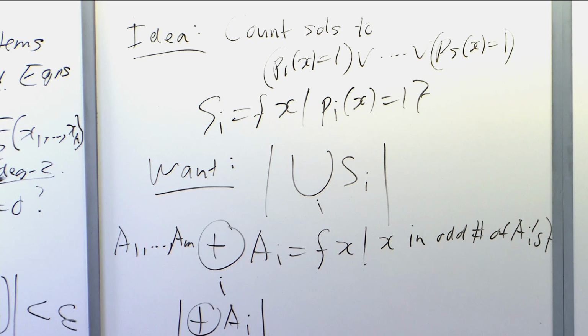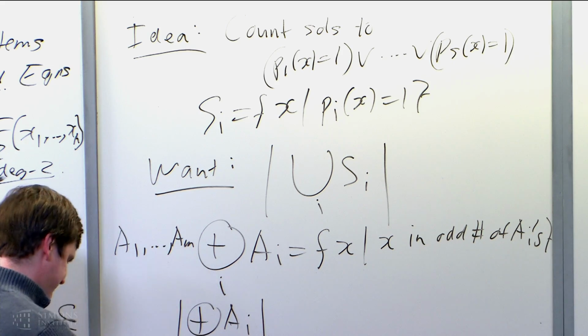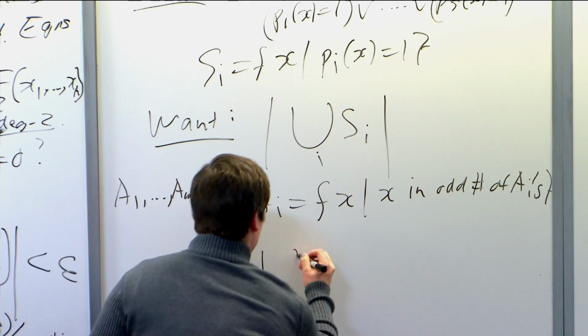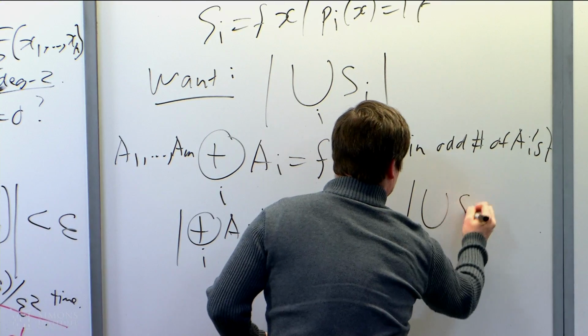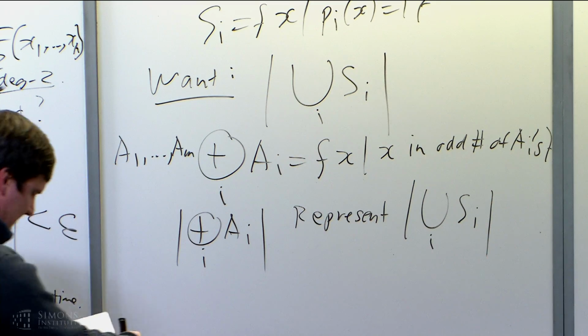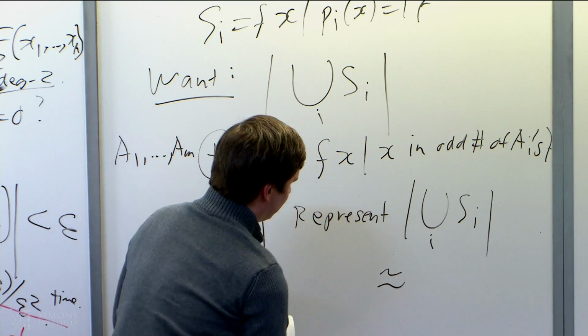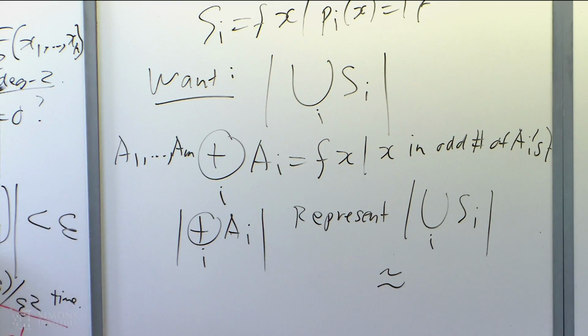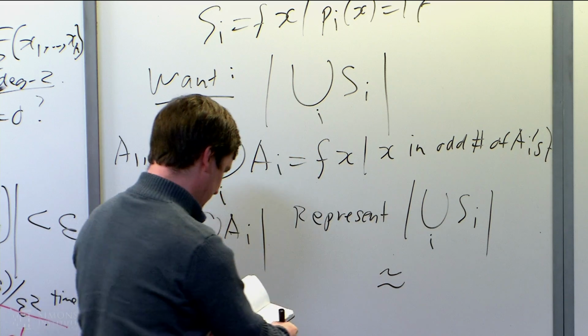Okay. Right. All right, so the idea is that you're going to represent this cardinality of the union that we want as some linear combination of a small number of oddities, of, say, deterministically chosen subcollections.